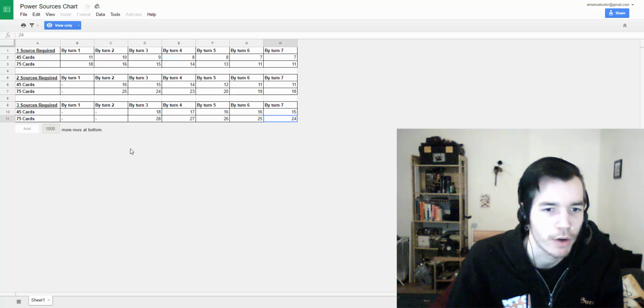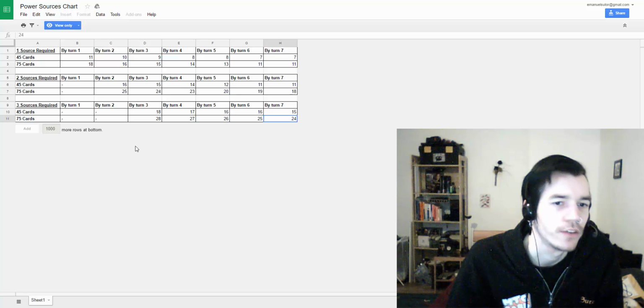But something like Quarry, for example, would be a lot more because it sees 2 cards and also gives you selection.